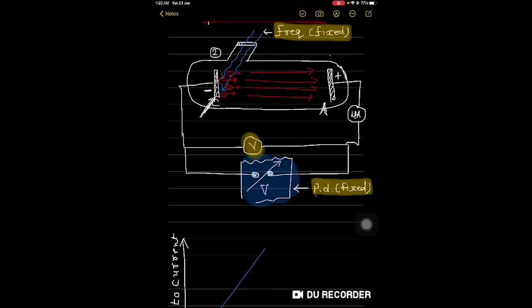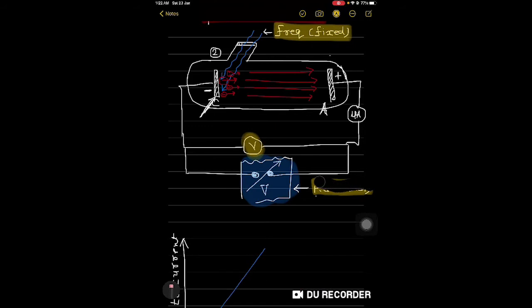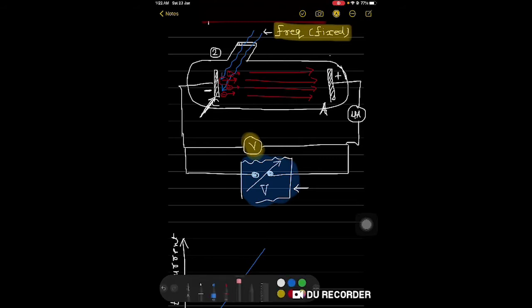But now in this figure, as in the earlier case where we had kept PD fixed, we will not keep PD as a fixed value. Here we will keep two different things fixed, and we will keep the potential difference variable.